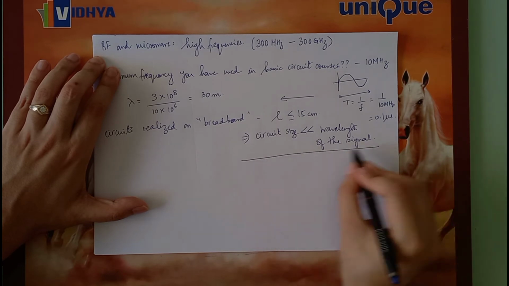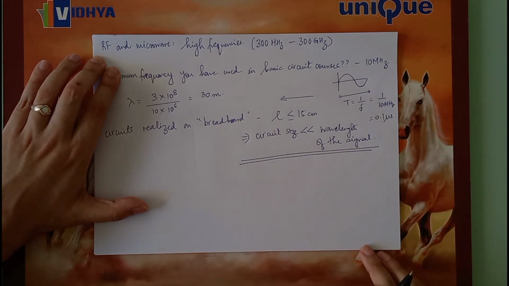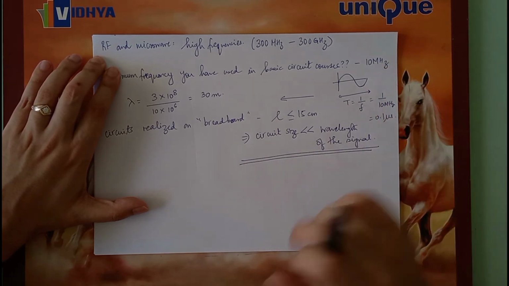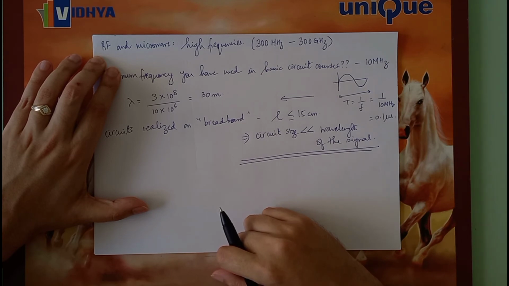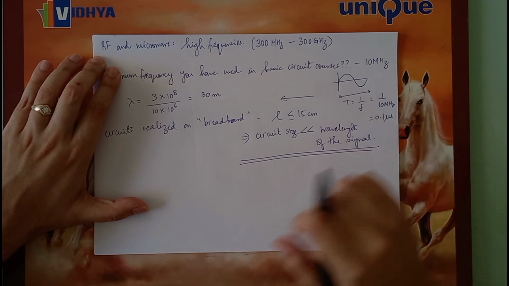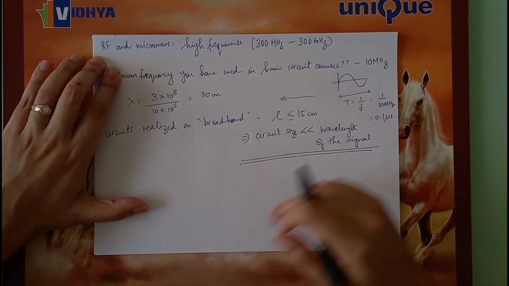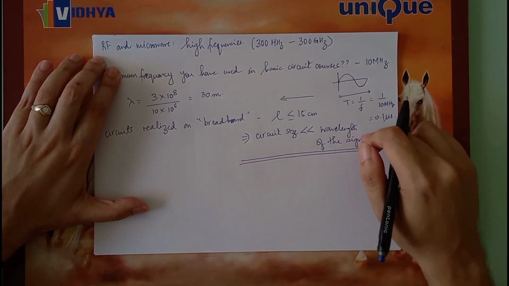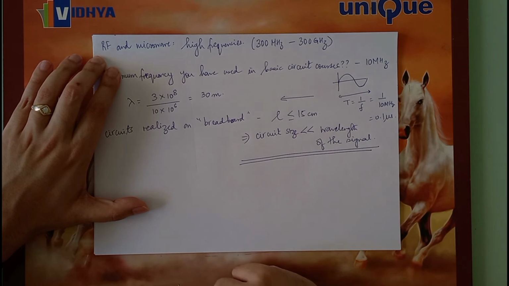This is the first observation that we can make. This is at 10 megahertz. So therefore, if we reduce the frequency to 1 megahertz or 10 kilohertz, the wavelength of the signal is just going to increase. And it is going to be much bigger as compared to the circuit size.